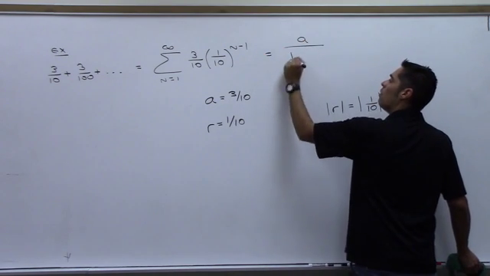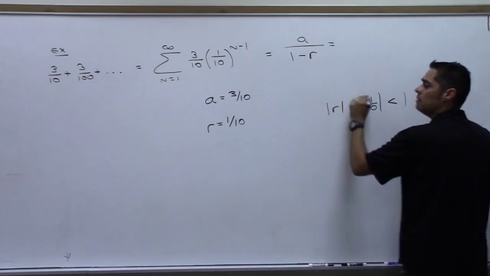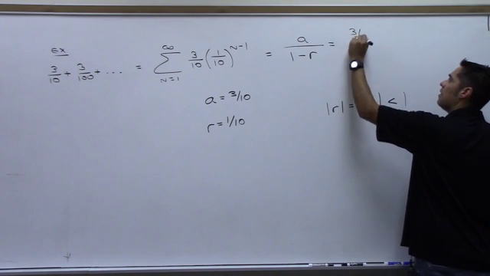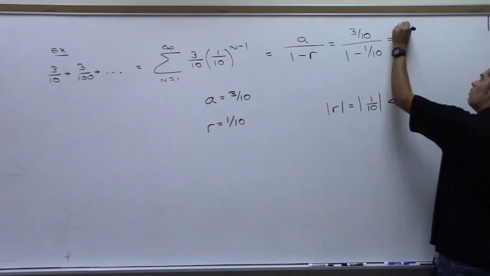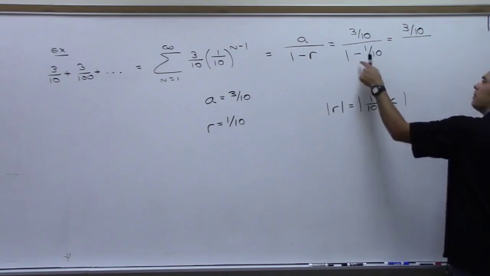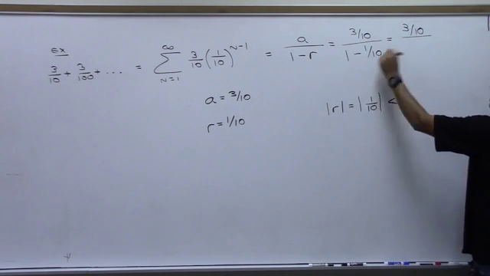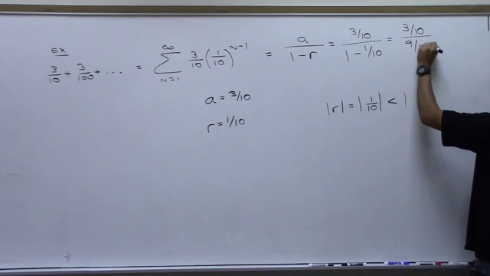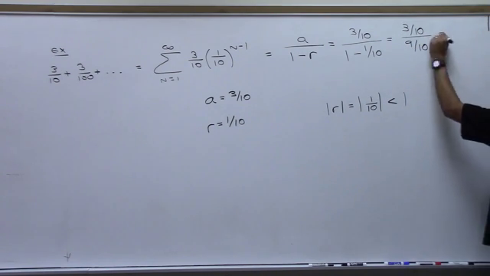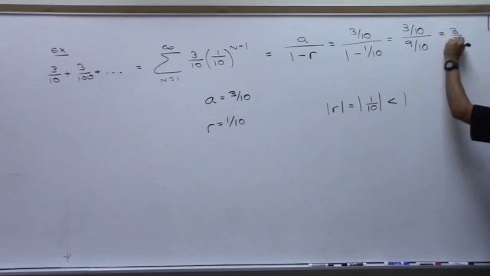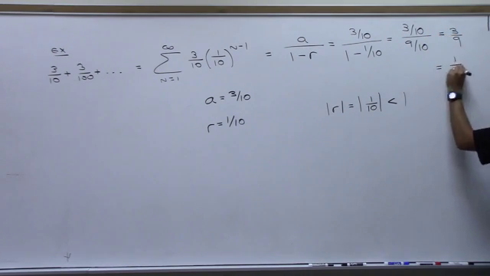What does it converge to? A over 1 minus r. What's a? 3/10 over 1 minus 1/10. 1 minus 1/10? 9/10. Flip, reciprocal. 3 over 9, 30 over 90, which is 1/3.